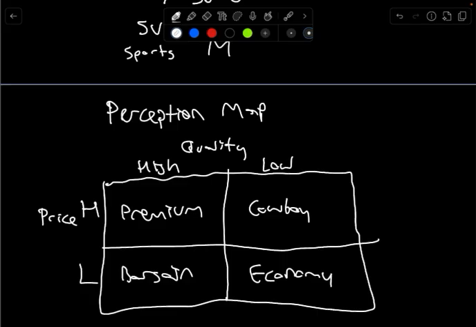So for example, comparing quality and price, we have high price, high quality premium products. The cowboy products, which are low quality, even though they are of a high price. Low price, high quality products, which are bargain, which are price performance products. And then finally, both low quality and low price, we have the economy products.